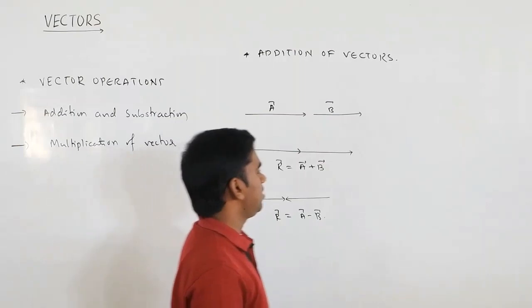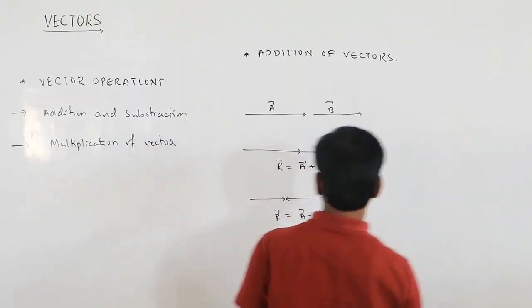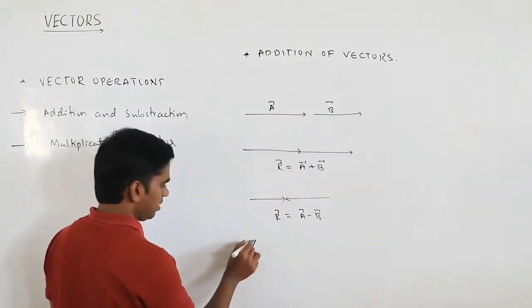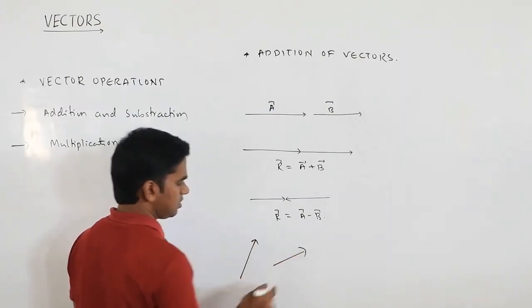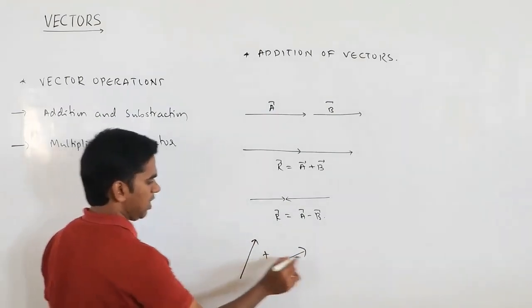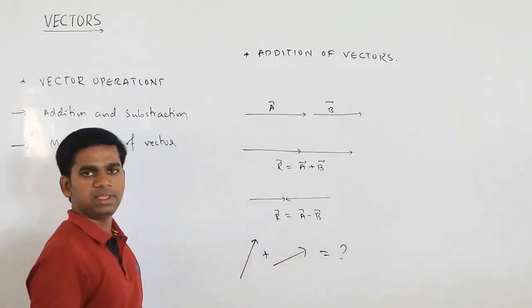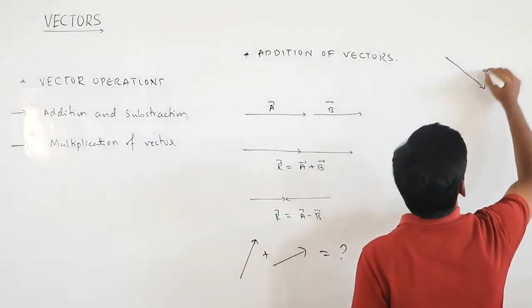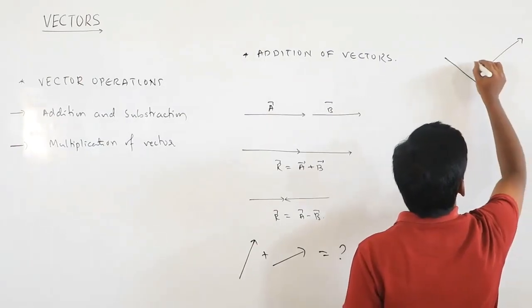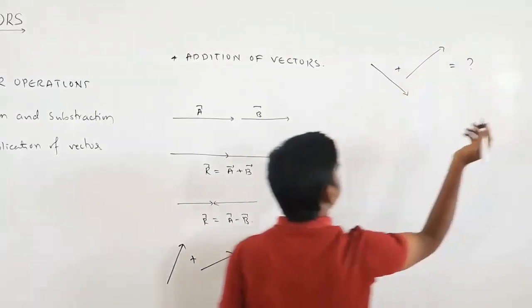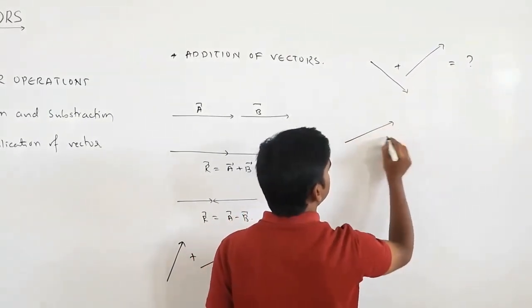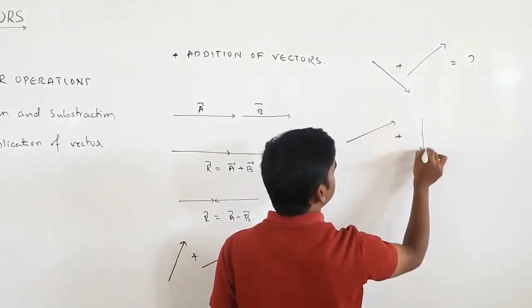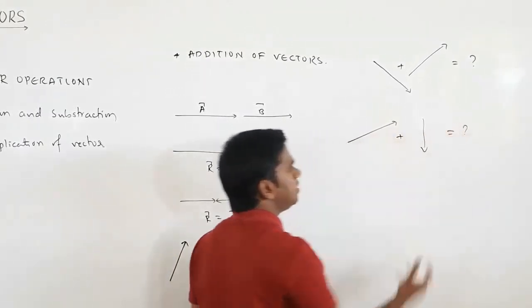But if one vector is given like this and another vector is given like this, and they ask you to add these two vectors, what will be the answer? Or if some vector is given here and another in this direction, what will be the result?